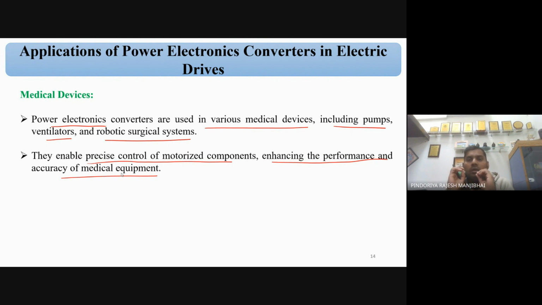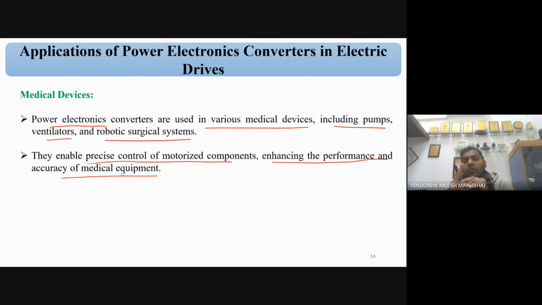And the thumb rule is universal. We have only four types of power electronics converter: AC to DC, DC to AC, AC to AC, and DC to DC. Correct? So by using these four types of power electronics converters, we have to regulate all our devices, maybe speed regulation, maybe torque regulation.